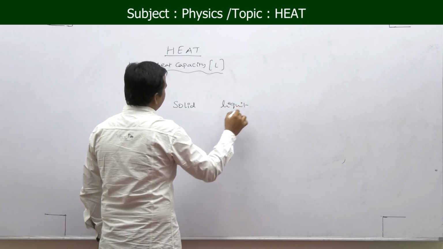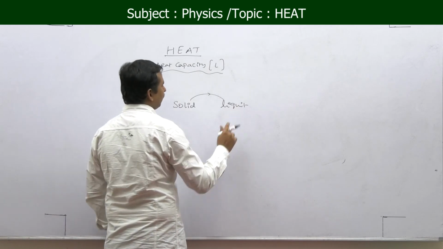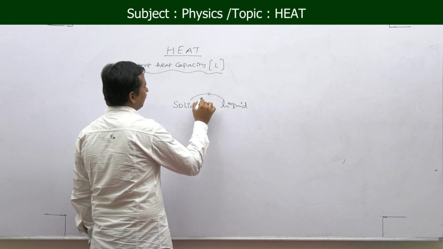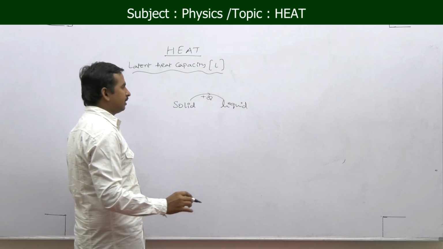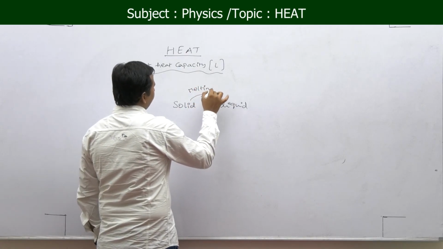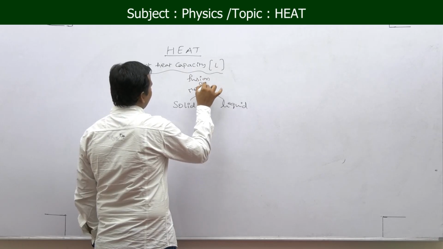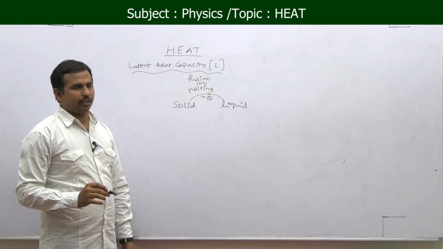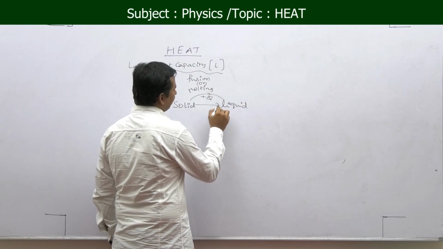In this case, we have to supply the heat energy, plus Q. This process we call melting or fusion, conversion of solid to liquid. Here we need the heat energy.